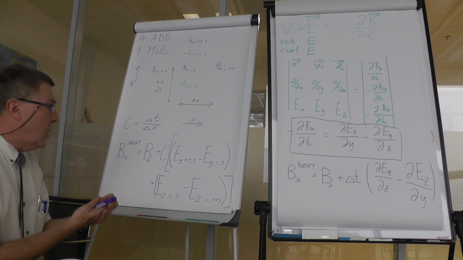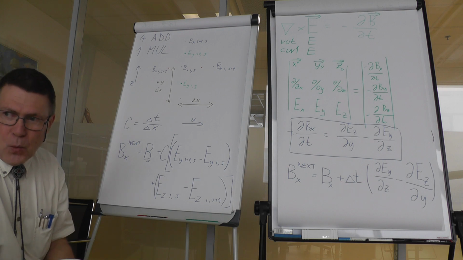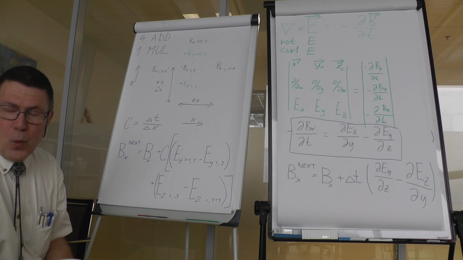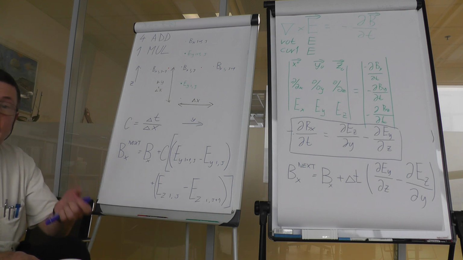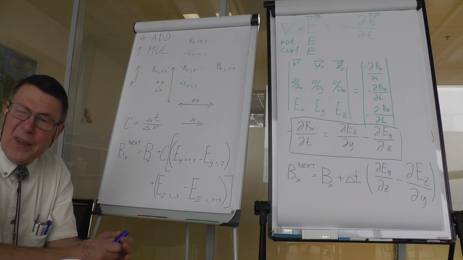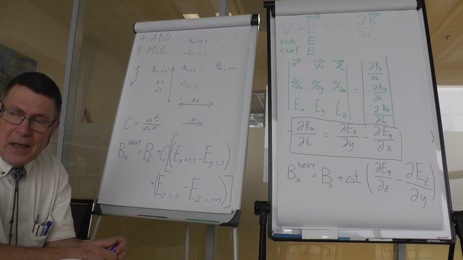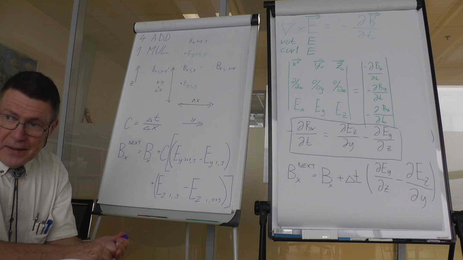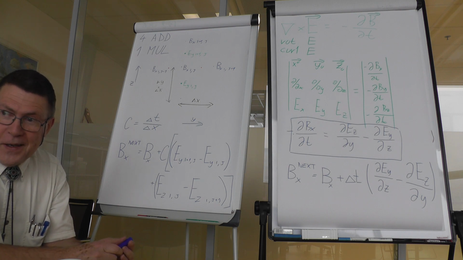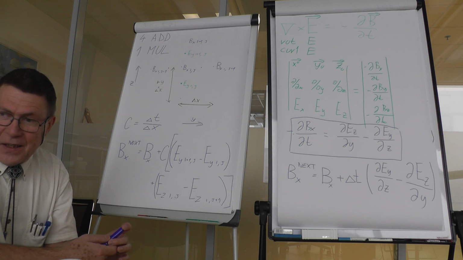And on the expense of 4 additions and 1 multiplication, we can update one net value, which means that on your PC or on your mobile phone, you would be able to handle, let's say, 1 million net values in a second.